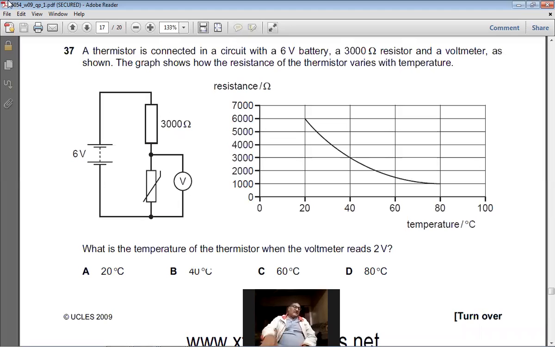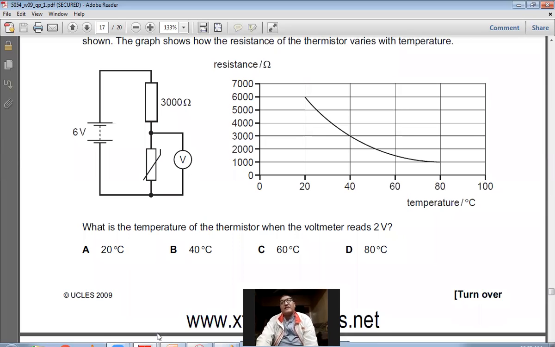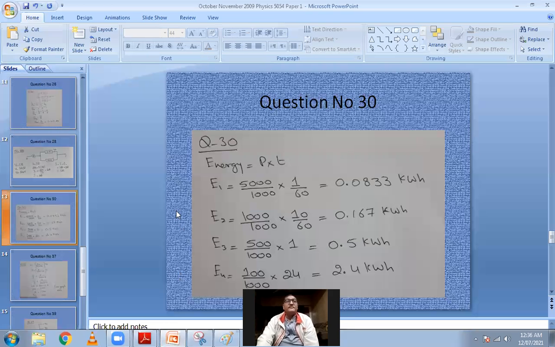Here on this axis we have the temperature, and here we have the resistance. What is the temperature of the thermistor when the voltmeter reads 2 volt? This is like a potential divider. This is V out, and it's from R2.